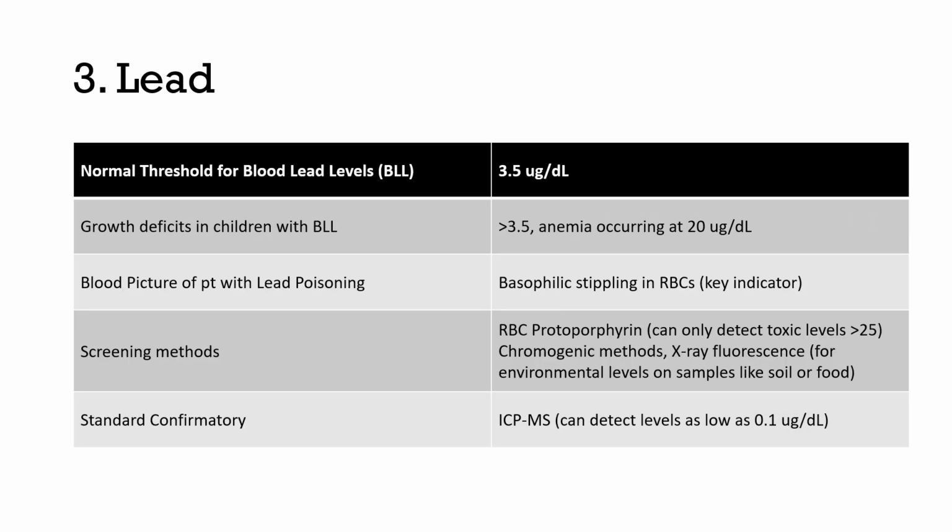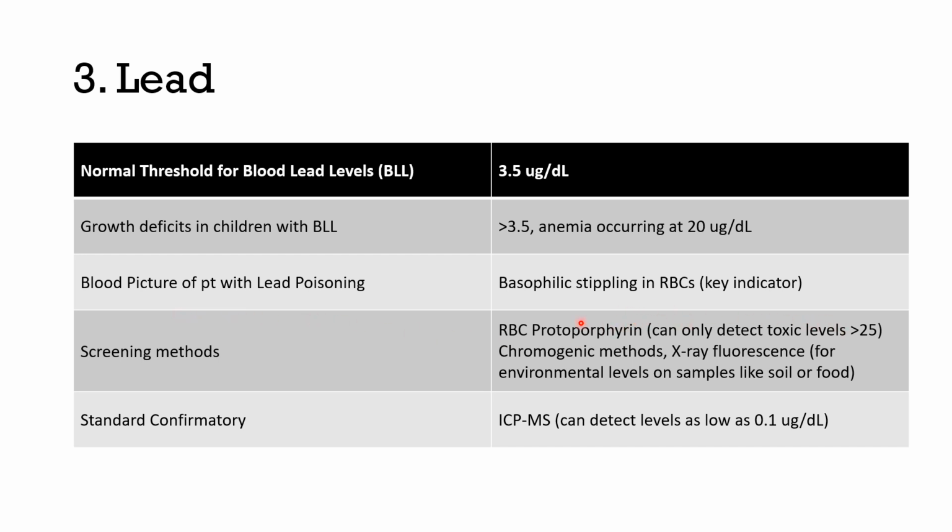Okay. Normal threshold for blood lead levels would be 3.5 microgram per DL, and growth deficits in children could be seen if more than 3.5 na ang level, and anemia would occur already at 20 microgram per DL. Blood picture of patient with lead poisoning, di ba?